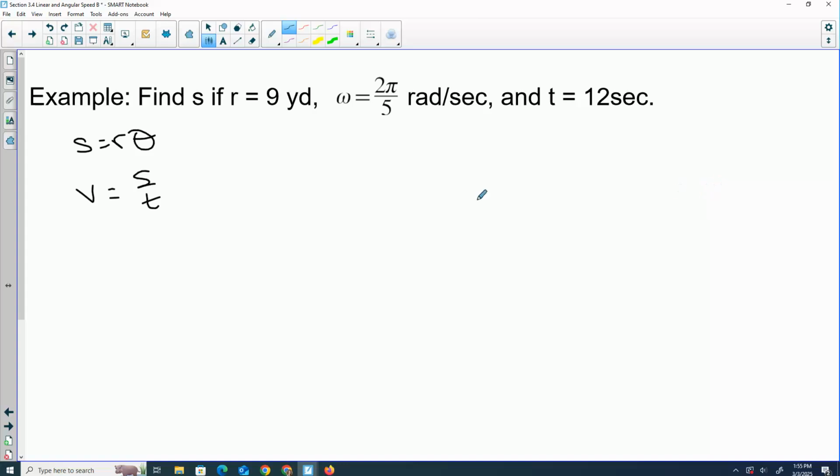It's really about the same work either way. We just went with the first one. S equals R theta. We need theta first. Look at the variables we have. What formula might help us find theta?